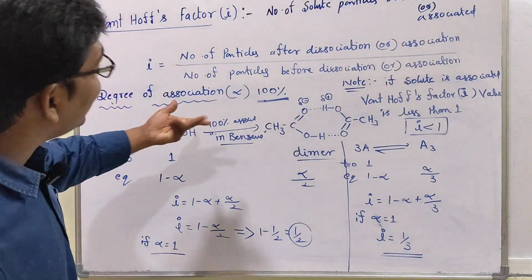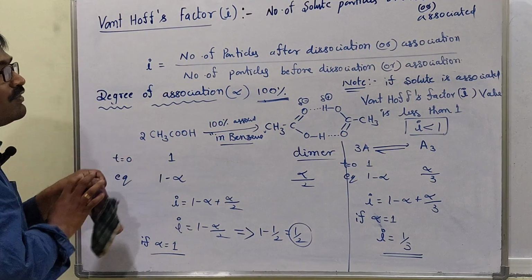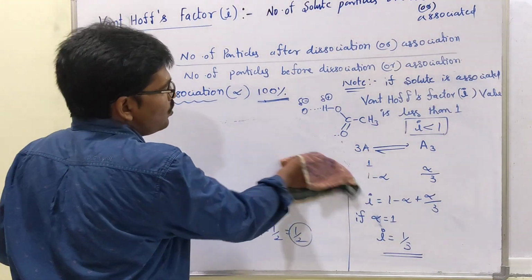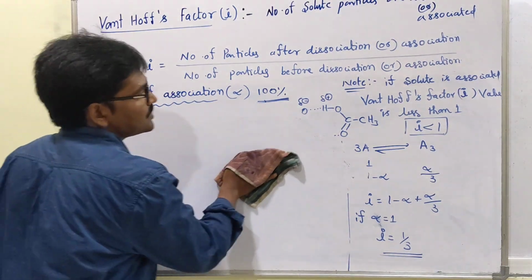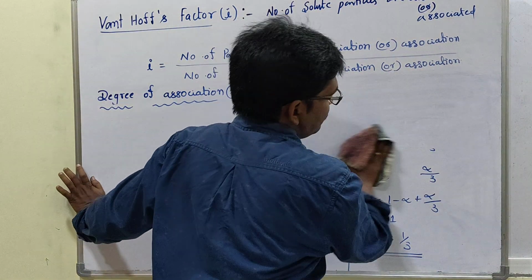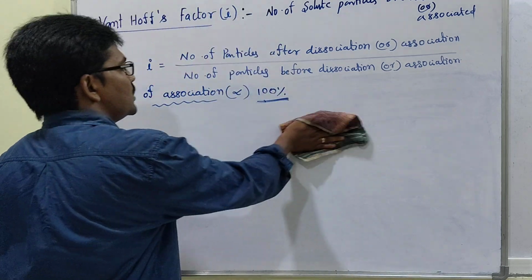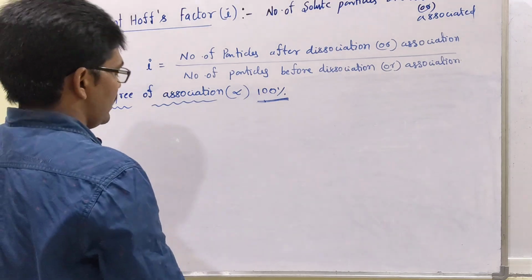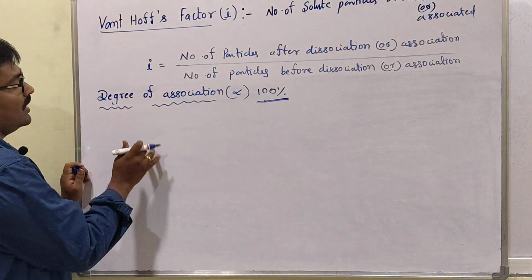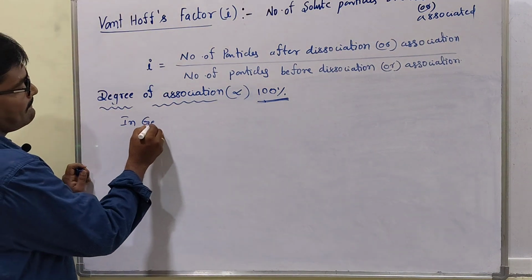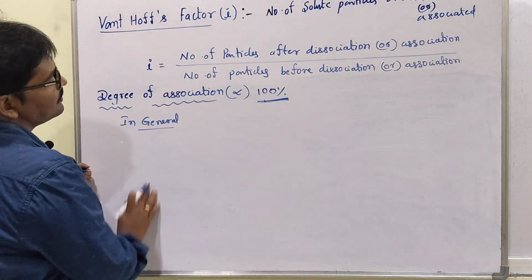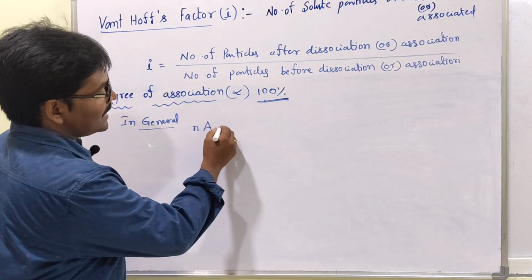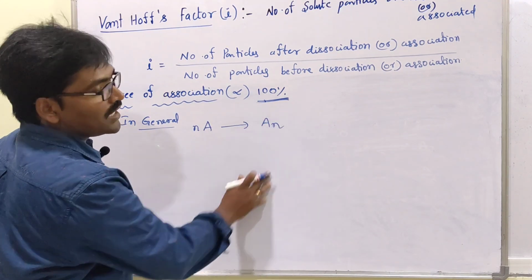So now in general, if you take the degree of association, look at how it happens in general. So remember, my dear students, when dissociation takes place, I value is greater than 1. When association takes place, I value is less than 1. In general, for example, n number of particles can be converted into one particle.